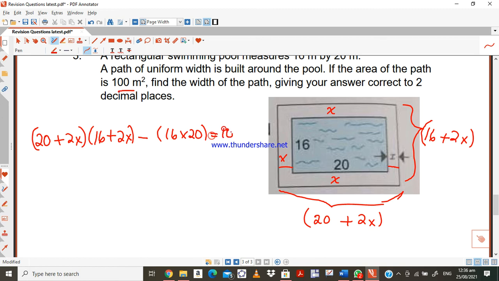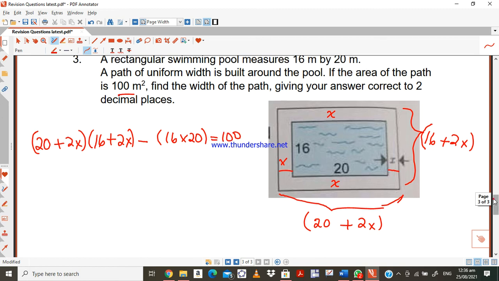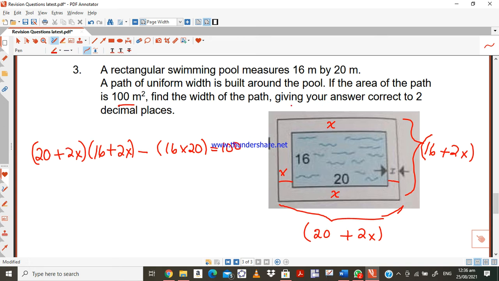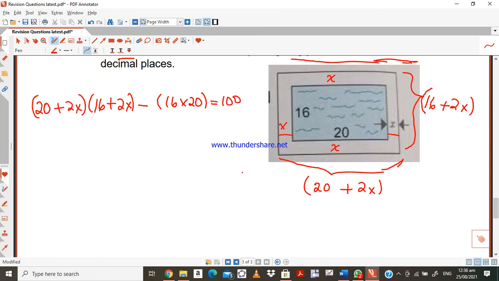So let that equal 100. Just make sure that you get that when you are reading the question. And whatever this equation will be, if it is quadratic, we'll have to use another method to find the answer, because factorization is not going to work there. From here on, I suggest that you just work your magic and use your calculator.